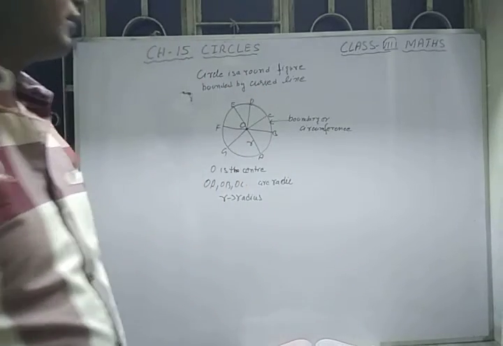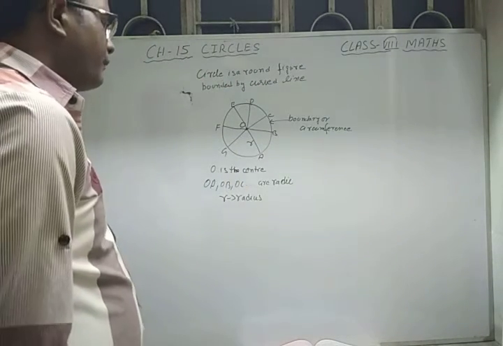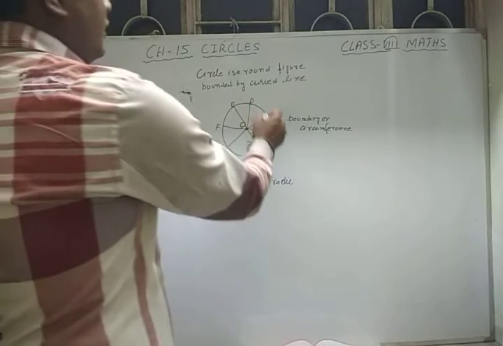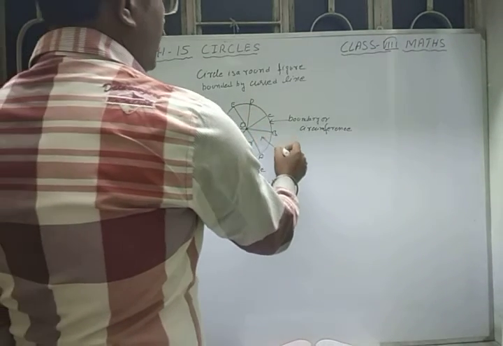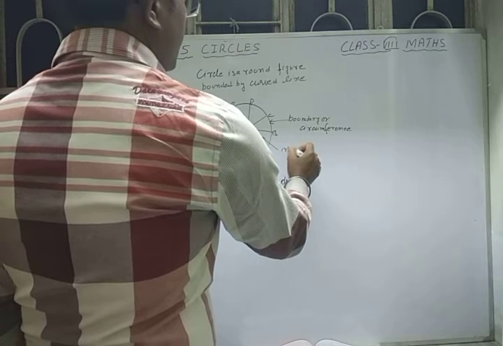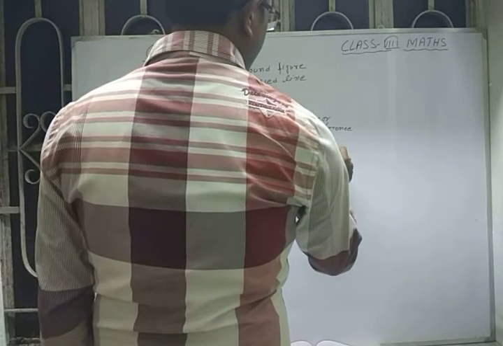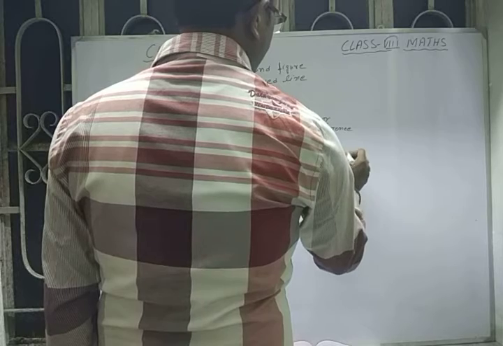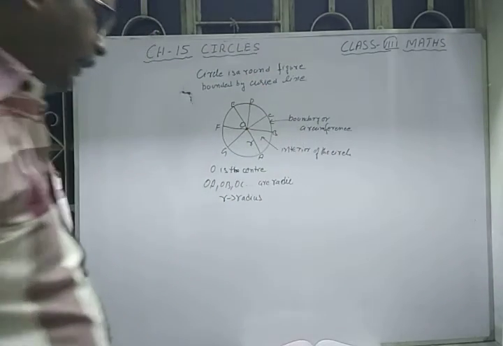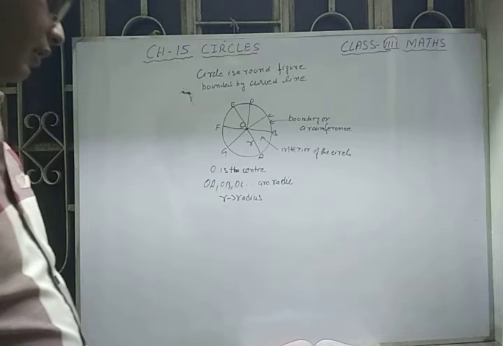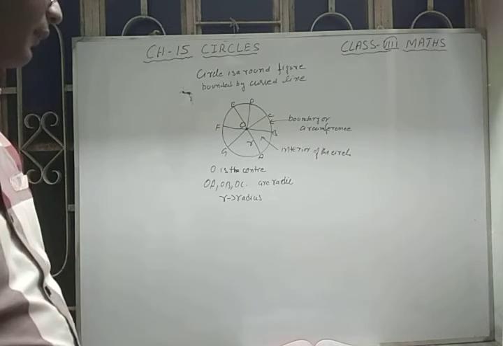This is called boundary or circumference of the circle. Okay, now the region inside the circumference of a circle, this portion is called interior. This is called interior of the circle. Okay, and the region outside the circle is called exterior of the circle.